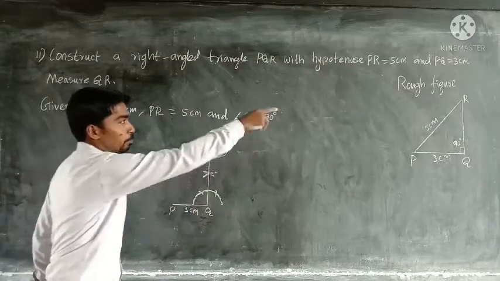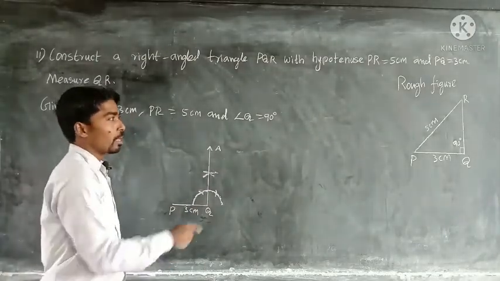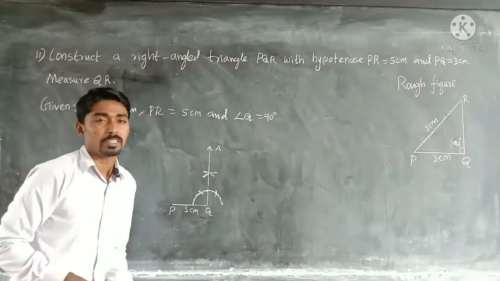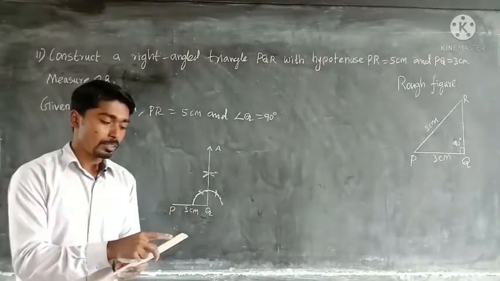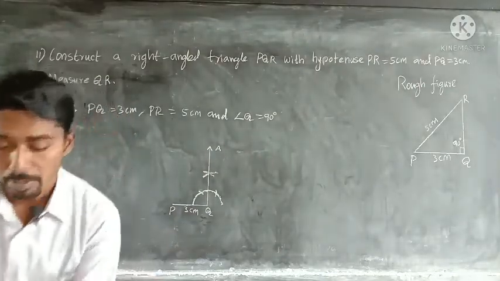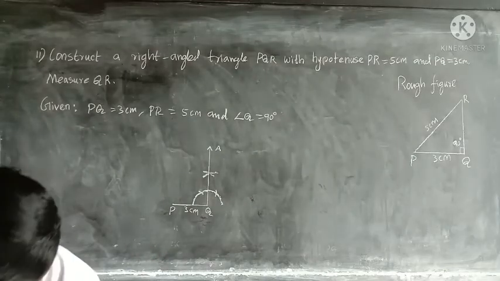Now we are going to find PR. PR we know that is 5 cm. By using compass and ruler, we are going to measure 5 cm.